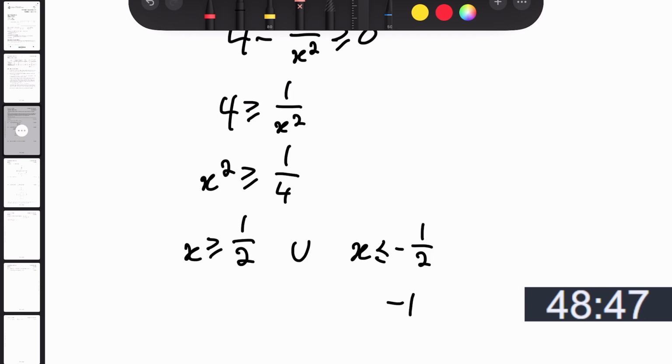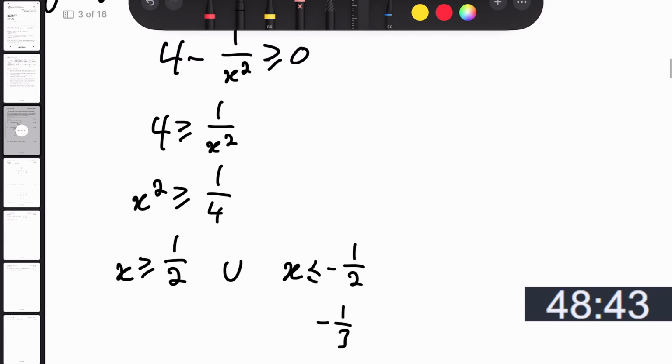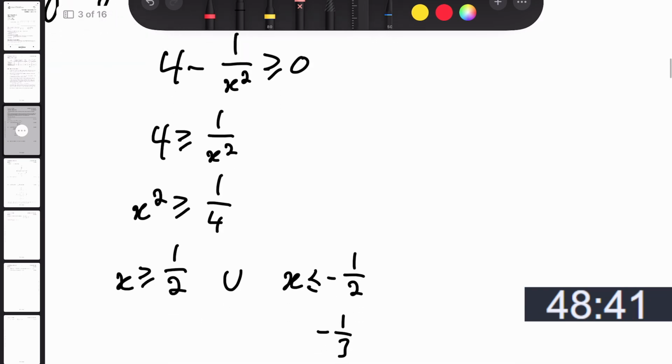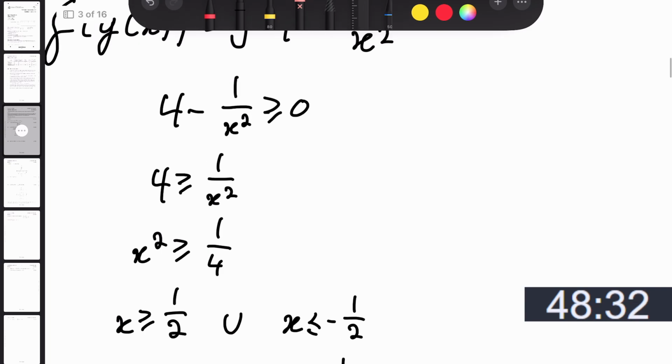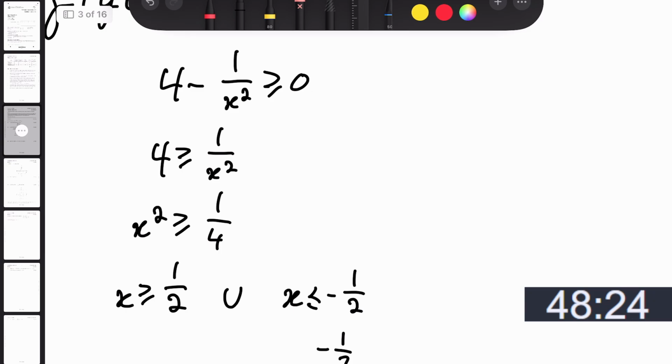And if it's negative 1 on 3, it must be less than. So x squared must be greater than 1 on 4.